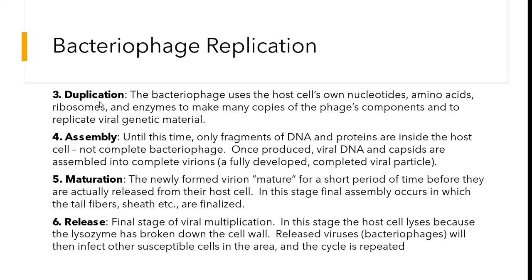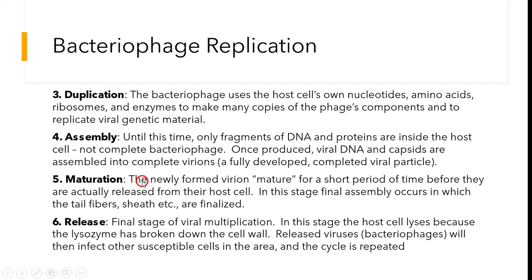It's going to have to use the host cell's mechanisms to duplicate its genetic information. Then it's going to have to also create the proteins needed for all of the pieces for that bacterial phage. Then it's going to have to assemble, and because of how complex these viruses are, it has to not only assemble, but then it has to add pieces to it. So it has to mature, and then it releases.